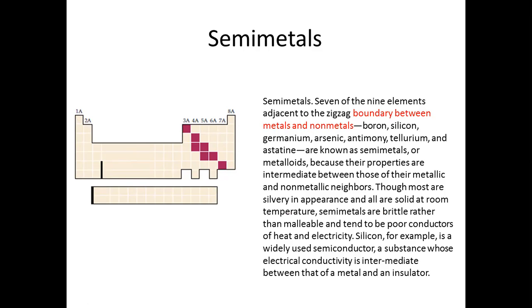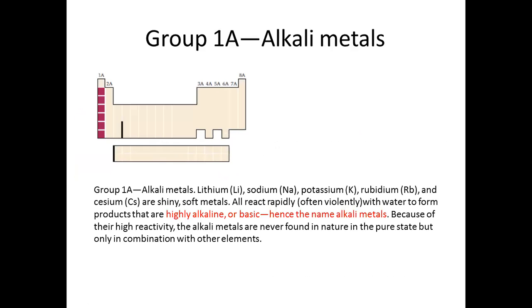And according to their properties, I am going to further describe the classification of the different groups. The first classification is group 1A, and these are called the alkali metals because they are highly alkaline or basic in nature.